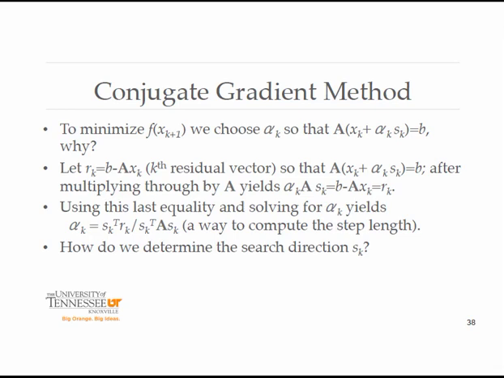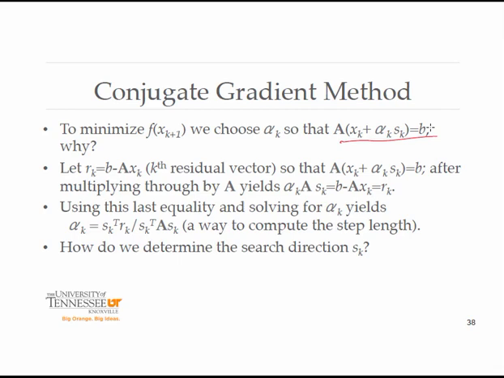If we wanted it to be the minimum, we'd want to choose the alpha_k in a way so that A times our guess, x_k plus alpha_k s_k, is equal to b. Question is why? Well, we just said that the minimum for the function occurs when you solve the linear system. So if our update of x_k plus alpha_k s_k solves the linear system, then we know we minimize the function. So that's that parallel logic there.